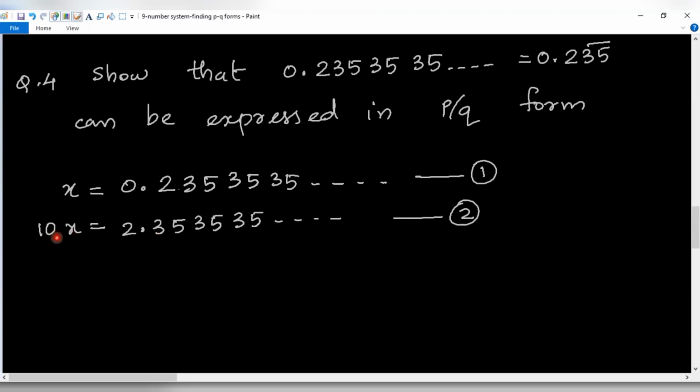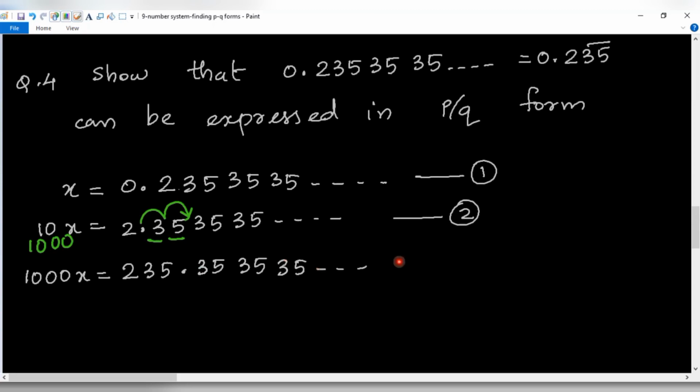When we give 2 more zeros, this will become 1000, right? 1000x is equal to 235.3535, like that it goes. This is our third equation.